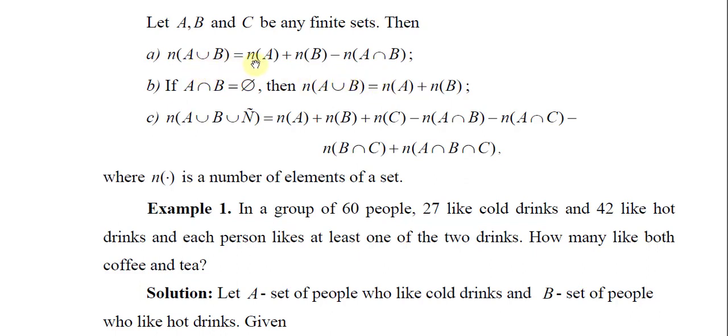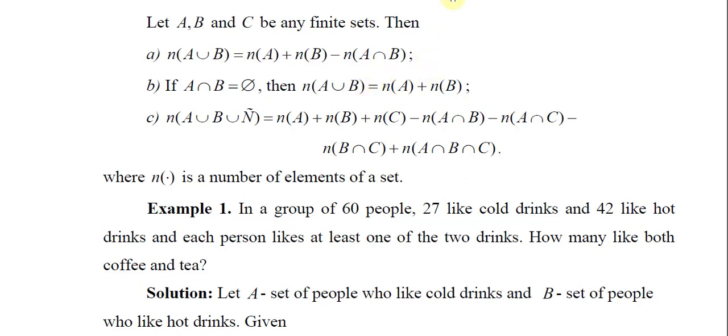And n of A union B is n A plus n B minus n of A intersection with B. So n is the number of elements of a set.